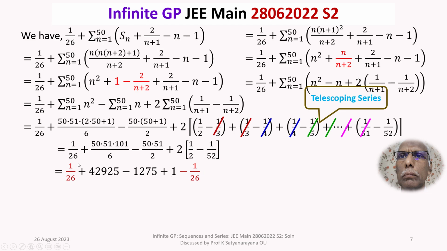Minus 1 by 26 plus 1 by 26 cancels, and simplifying, 42,925 minus 1275 plus 1, after simplification you will get 41,651. So that is your answer.